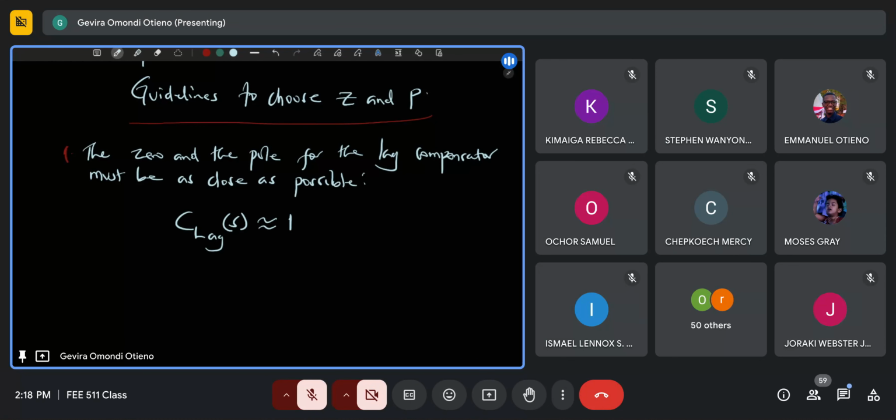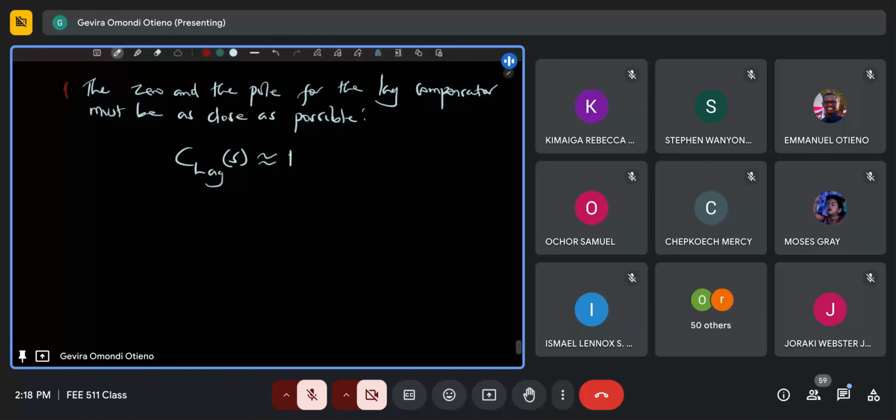If you remember in the previous case, we had a desired location and certain poles or zeros, and we had to draw angles to this desired location. If we were to add our own pole and our own zero, we made sure that all these angles added up to 180 degrees.